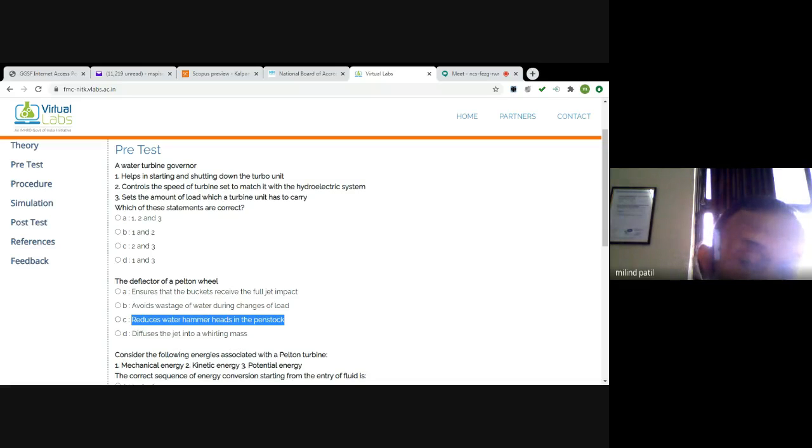And how is it possible? By decreasing the discharge moving towards the bucket. How can I decrease the discharge? Simply by nozzle control governing. We allow the spear rod to move inside the nozzle and reduce the cross-sectional area. This will reduce the discharge. But when we are doing so, what will happen? The water which is already present inside the penstock and running towards the turbine will suddenly stop.